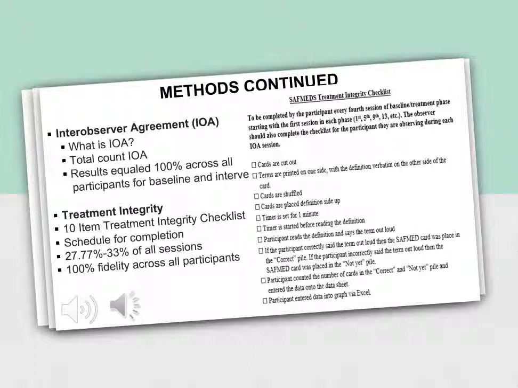Additionally, IOA was completed every 4th session, starting with the 1st session. So the treatment integrity checklist would have been completed at the 1st, 5th, 9th, 13th, and so on sessions, if these session numbers were present during baseline or intervention phases.